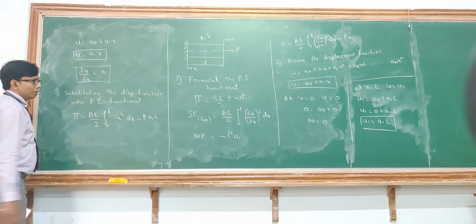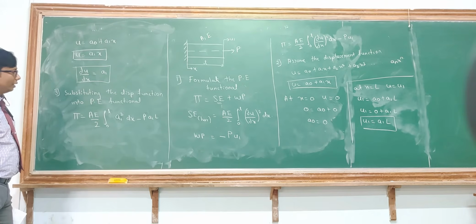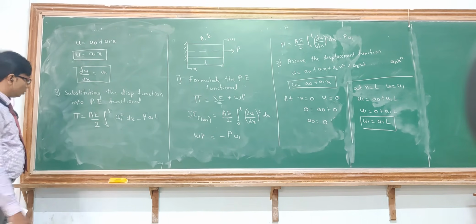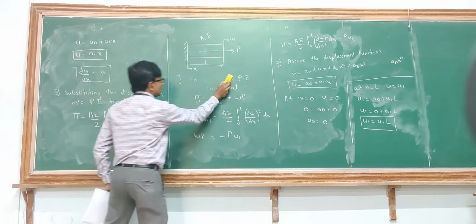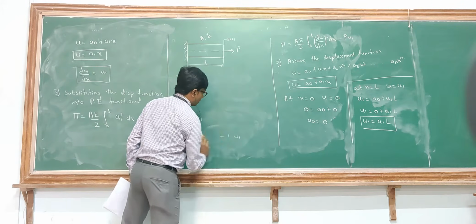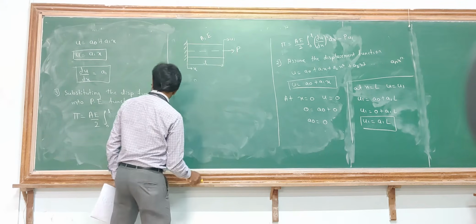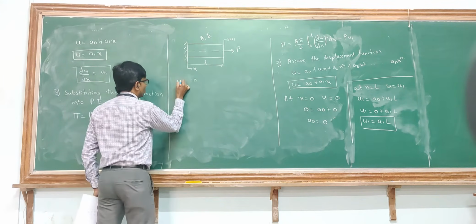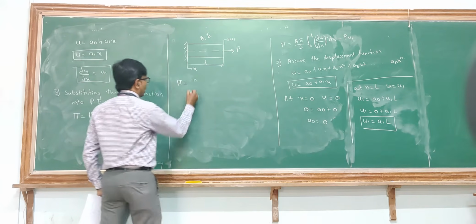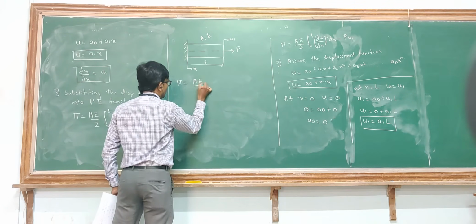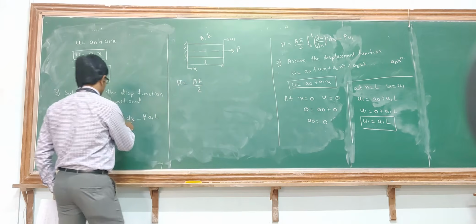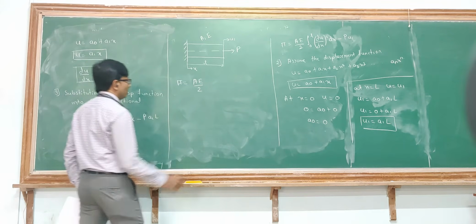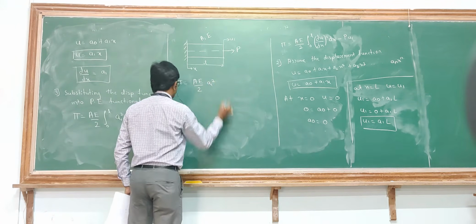As we have an integration term here, we will solve that integration and get the solution out of it. So pi is equal to AE by 2. We have to do the integration of dx here. A1 square remains as it is.